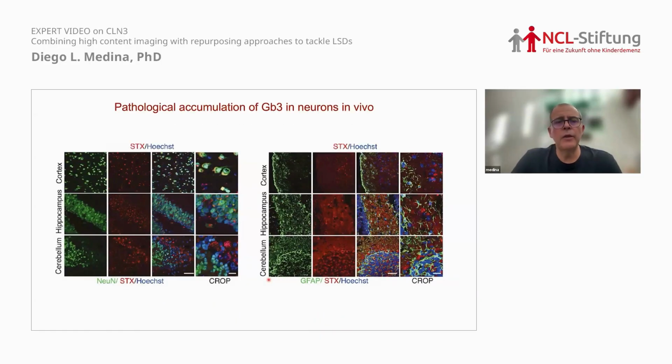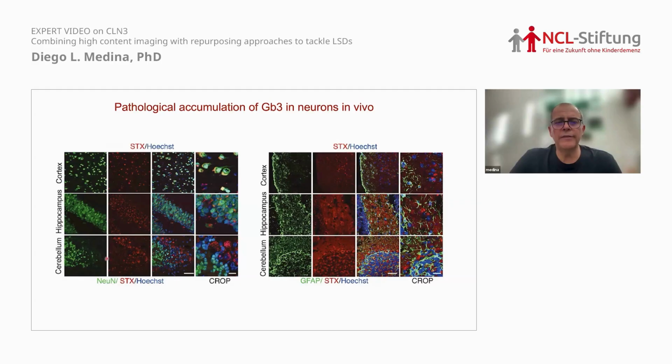And interestingly, we found that GB3 is not only accumulating in our cellular model of Batten disease, but also in vivo in the brain of CLN3 mouse model.